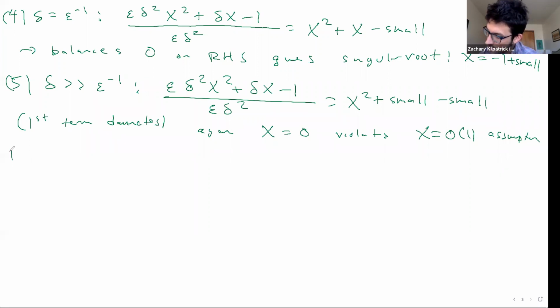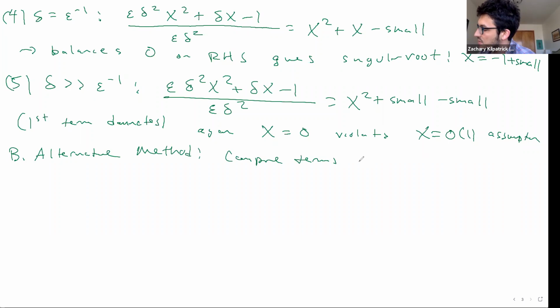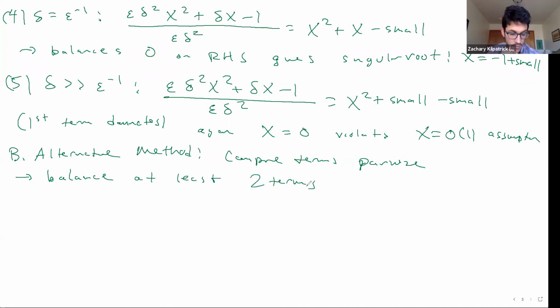All right. I will briefly mention an alternative method. And that's this, that you just compare terms pairwise, okay? What do I mean by this? Essentially that within your equation, you want to balance at least two terms, okay?